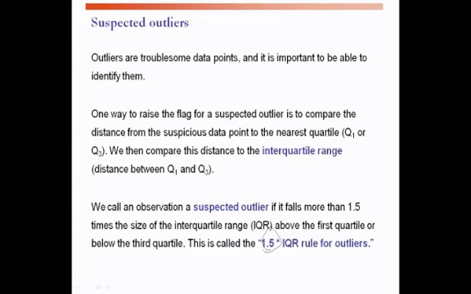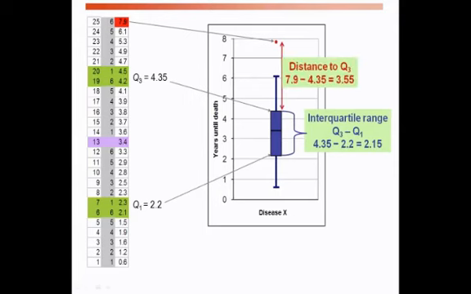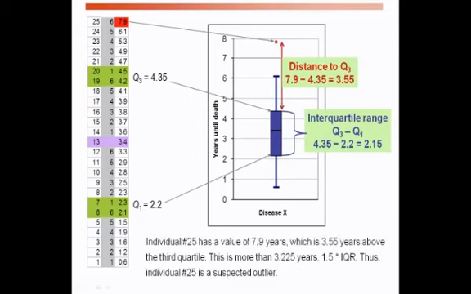Okay, so we multiply that by 1.5. So here is our example, and when you multiply that 2.15 by 1.5, we get 3.225. Here is a data point. This data point is a distance 3.55, which is greater than the amount that we calculated.